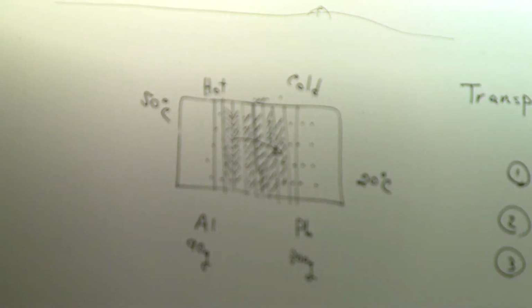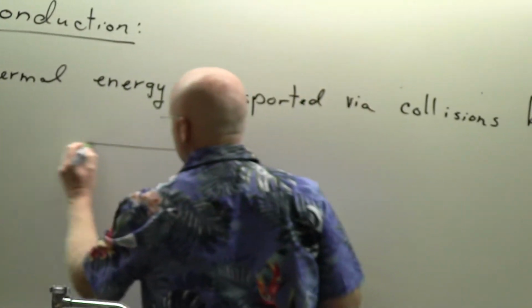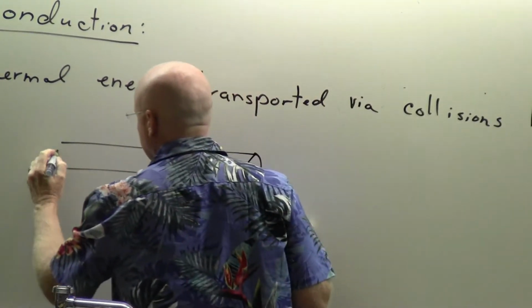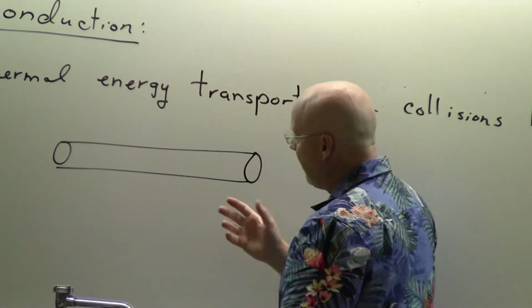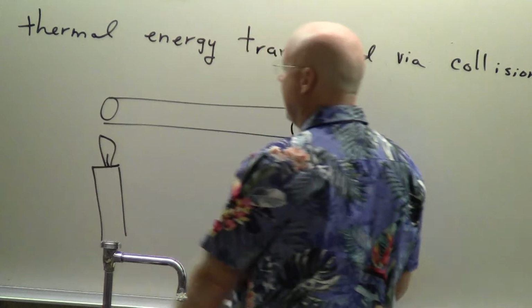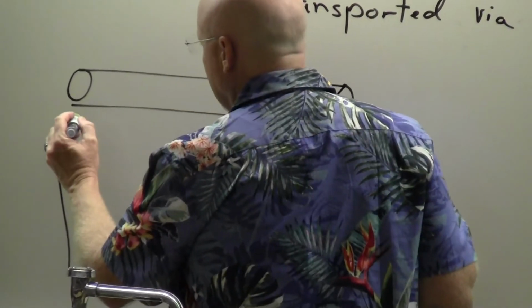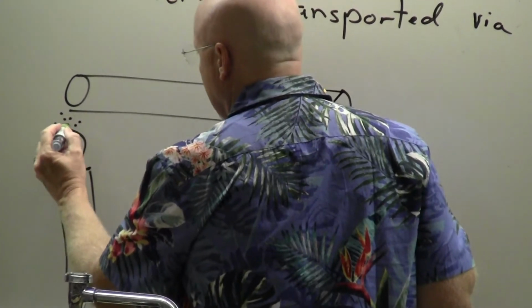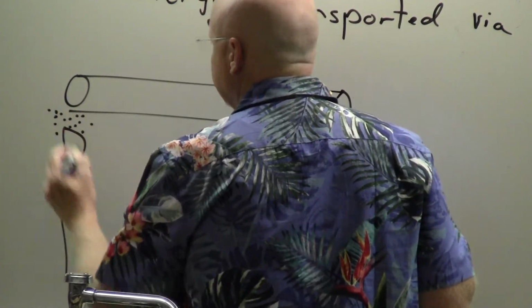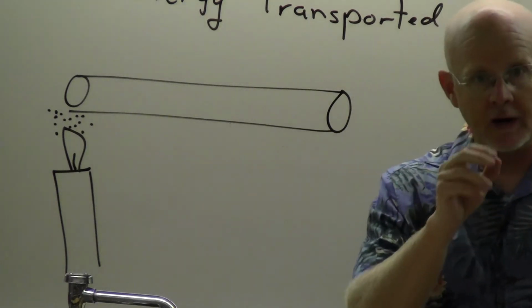And if I took then a metal rod, and I'll just draw sort of a metal rod here, and I put the far end of the metal rod in a flame, this flame, being hot, means that the atoms on the outside of the metal bar are going very, very fast.